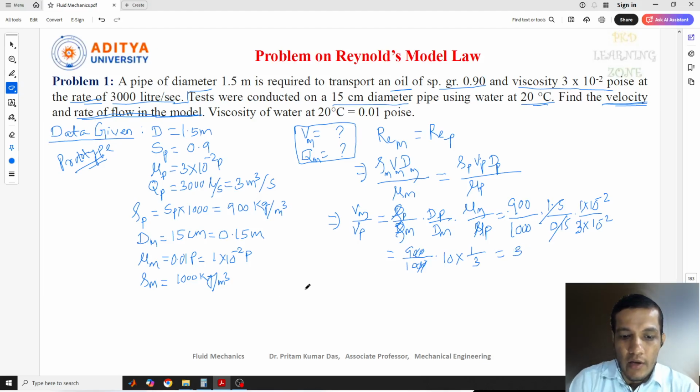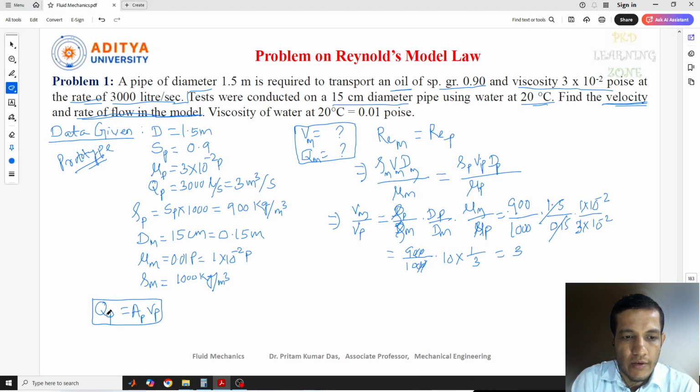Now again we can write Vp. We know one condition we can write here: suppose QP equal to what? We know that Q equal to A into V, so area of the prototype into velocity of the prototype. This is the formula of discharge.